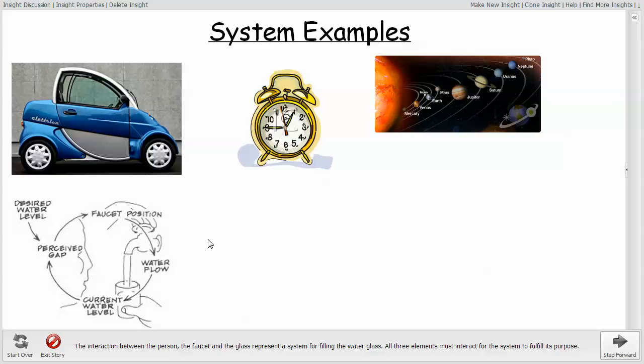This particular example is a contrived representation of a set of interactions meant to show that for a goal-seeking set of relationships where there's a desired water level and a current water level, an individual perceives a gap and then alters the faucet position to cause the water to flow to fill the glass.